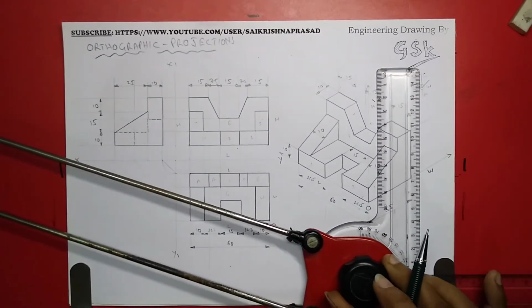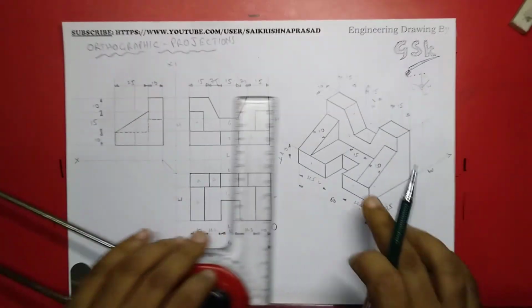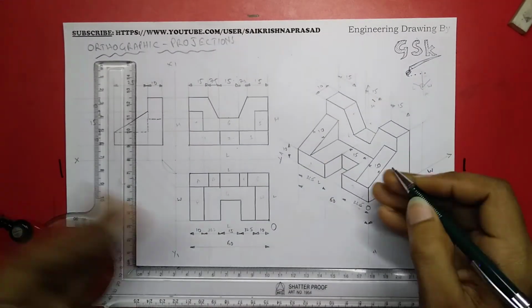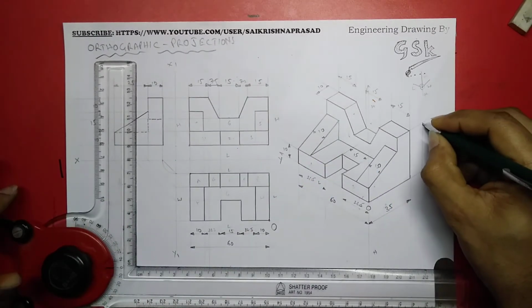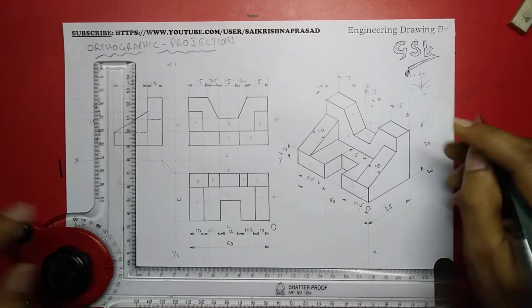See here, I'm mentioning the dimensions outside the figure. Only I'm mentioning the dimensions inside if it is not possible to keep them outside. So maximum try to keep the dimensions outside the figure.